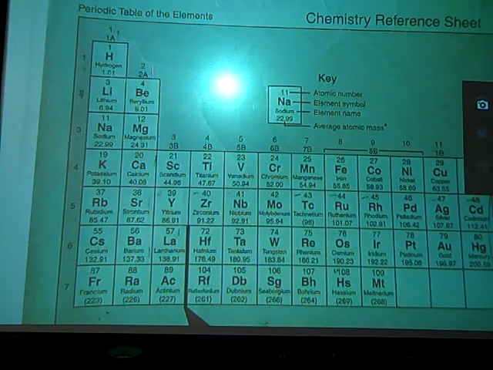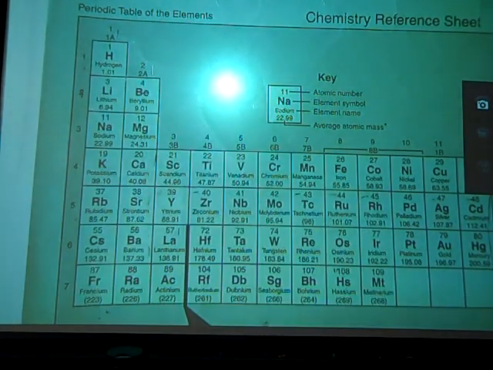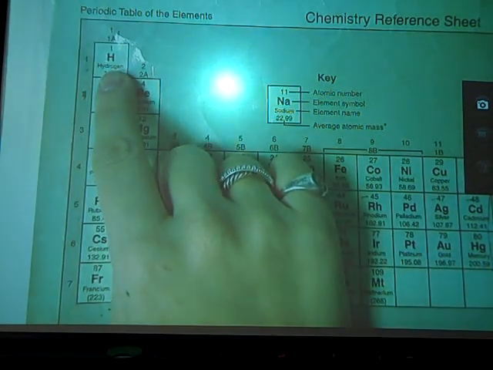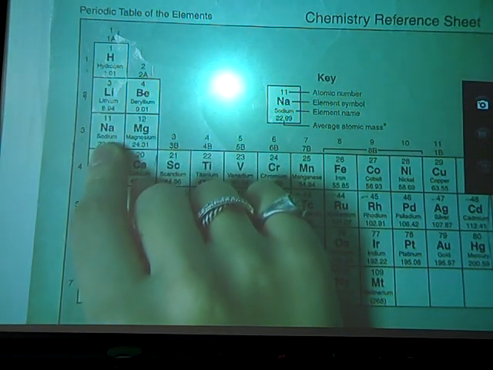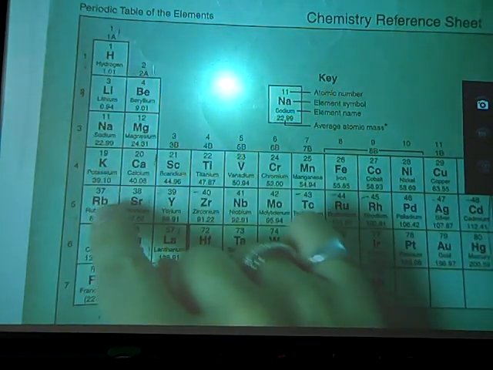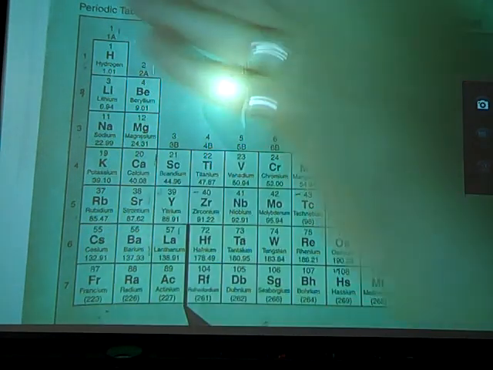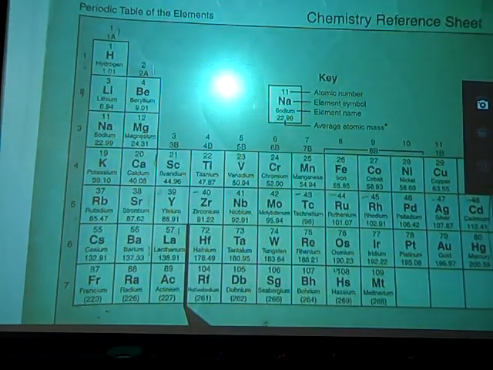So each of these levels represents a ring. So as I'm going down the periodic table, I'm adding rings as I move down. Hydrogen has 1 ring, lithium has 2 rings, sodium 3, potassium 4, and on and on and on. So as I go down my periodic table, each subsequent atom has an additional ring containing electrons on it.